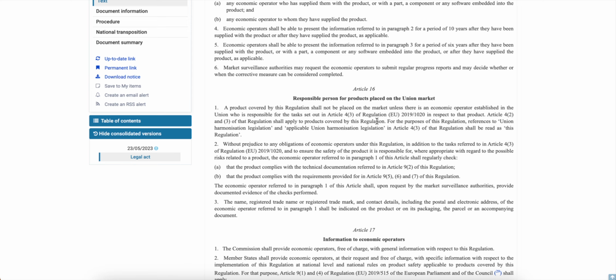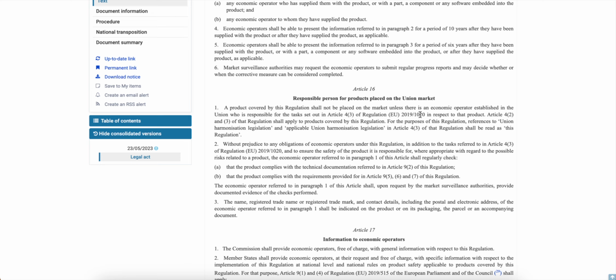And these tasks are explained in Article 4.3 of the Market Surveillance Regulation. But in short, what it says here is that there must be someone in the EU, at least a contact point, and that could indeed be a manufacturer. If you're an EU company and you're manufacturing, you're defined as a manufacturer, then you are the economic operator. If you're an EU importer and you import goods from the UK or from China and you sell it in the EU, well, you are likely the economic operator.